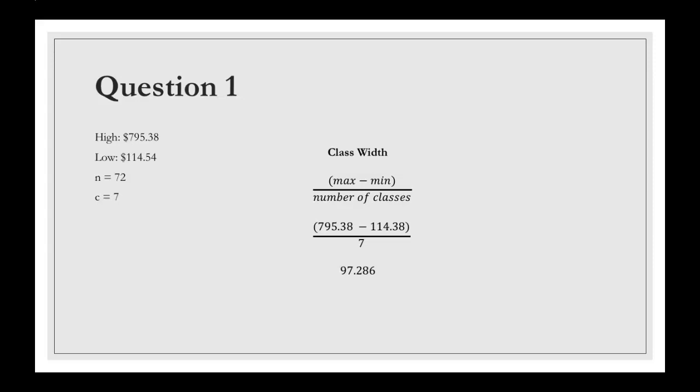So if you could work mostly with like 5, 10, 25, 50, 100, those are pretty numbers. So let's just round up to 100, right? As long as we have at least 7 classes, this will be okay. So our class width that we're going to go with is 100 because that's the closest pretty number for us.